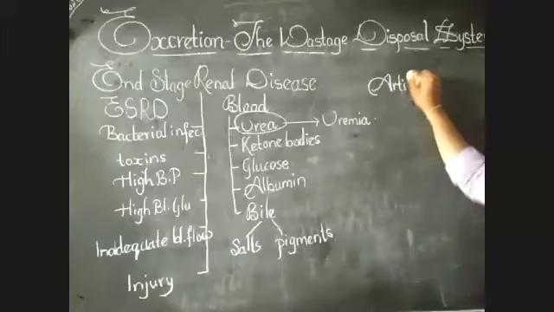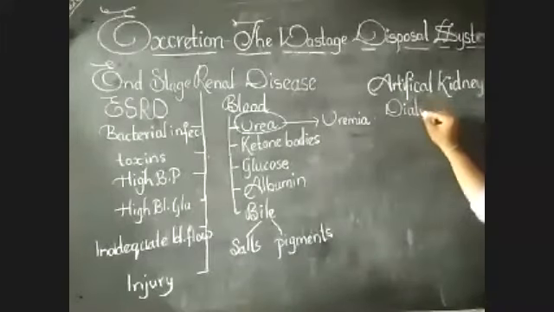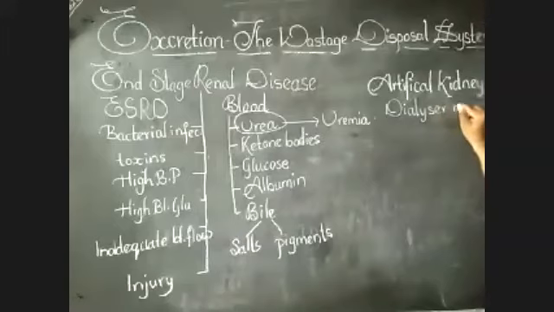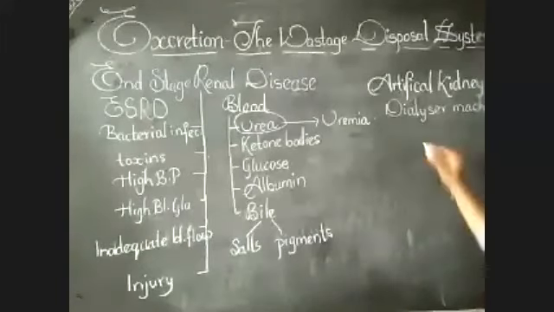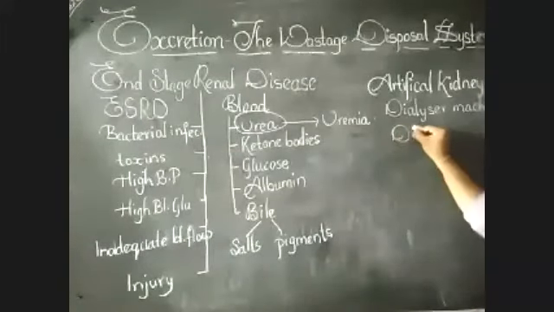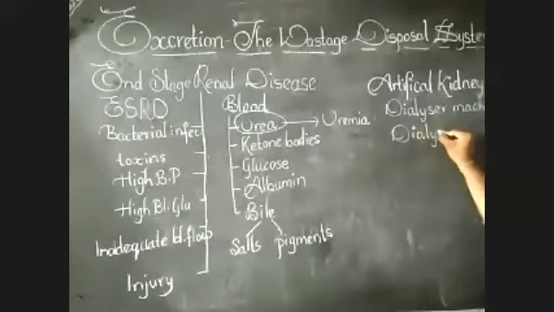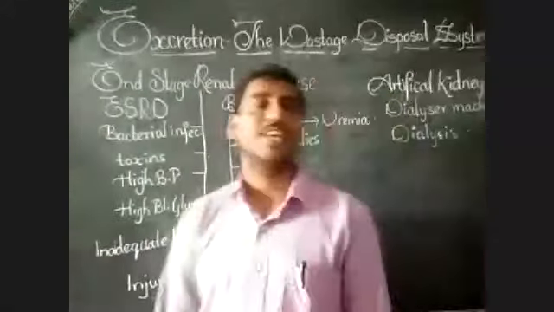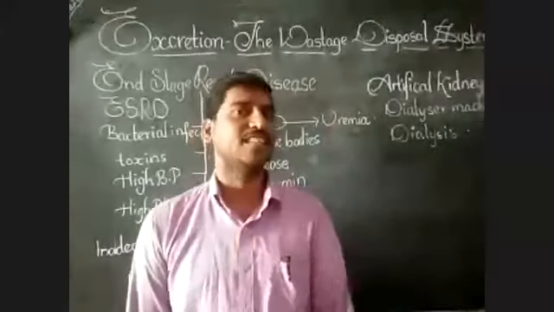So the doctor advises undergoing an artificial kidney. An artificial kidney is nothing but a dialyzer machine. This dialyzer machine works under the principle of dialysis. Nowadays the government is even establishing dialysis centers.